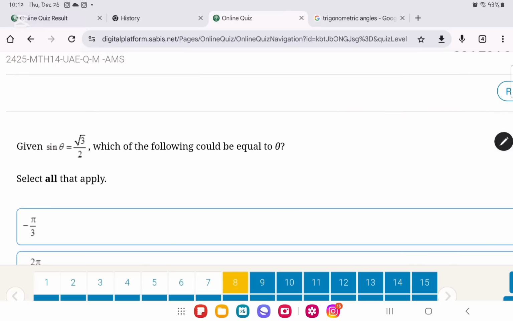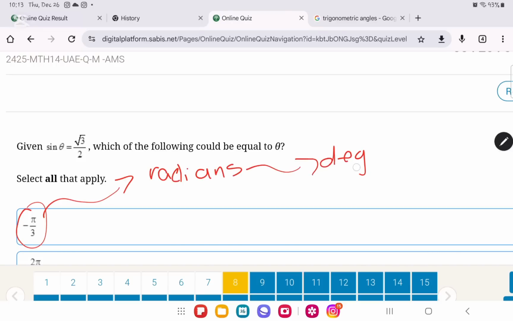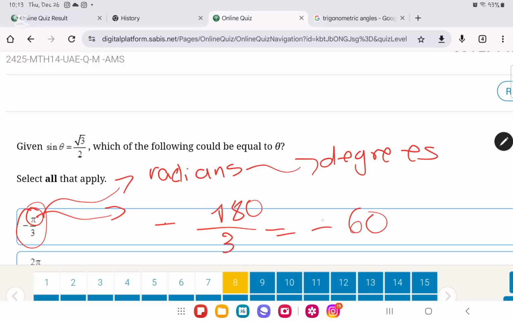So let us check. Now here is the thing, how do we check? First thing we need to do, after memorizing the table, is convert from radians, which is how this is originally given, to degrees. To convert from radians to degrees, very simply substitute the pi by 180. So it becomes minus 180 divided by 3, which gives us minus 60.